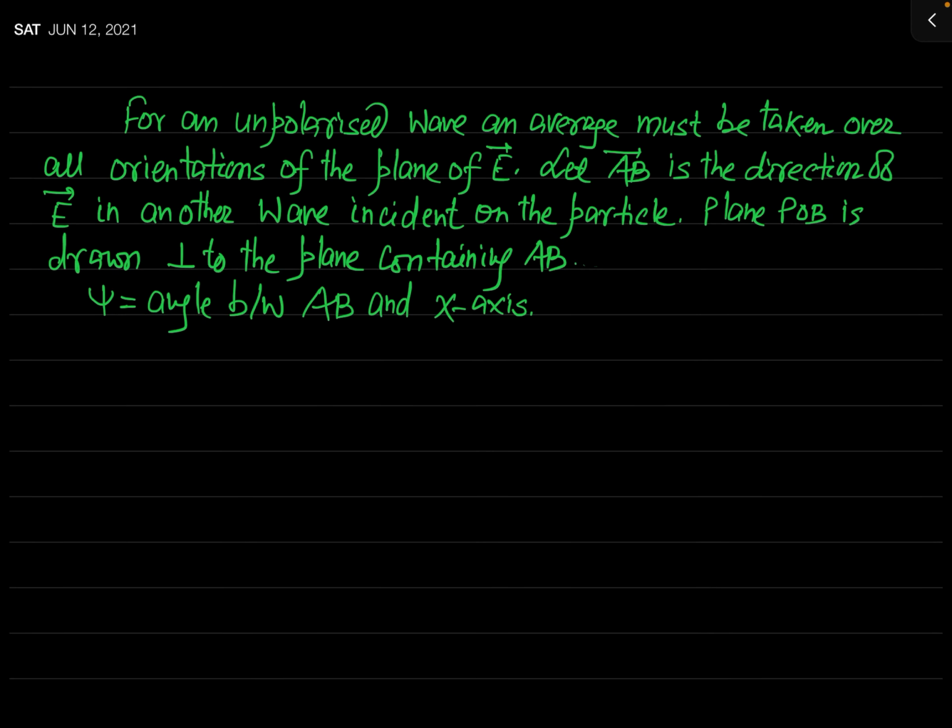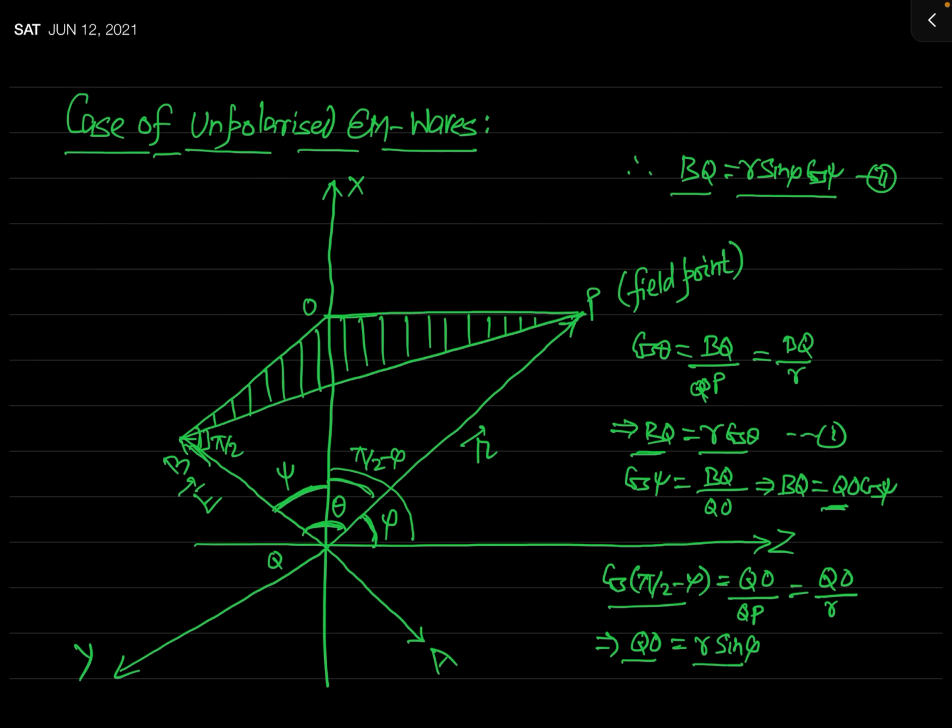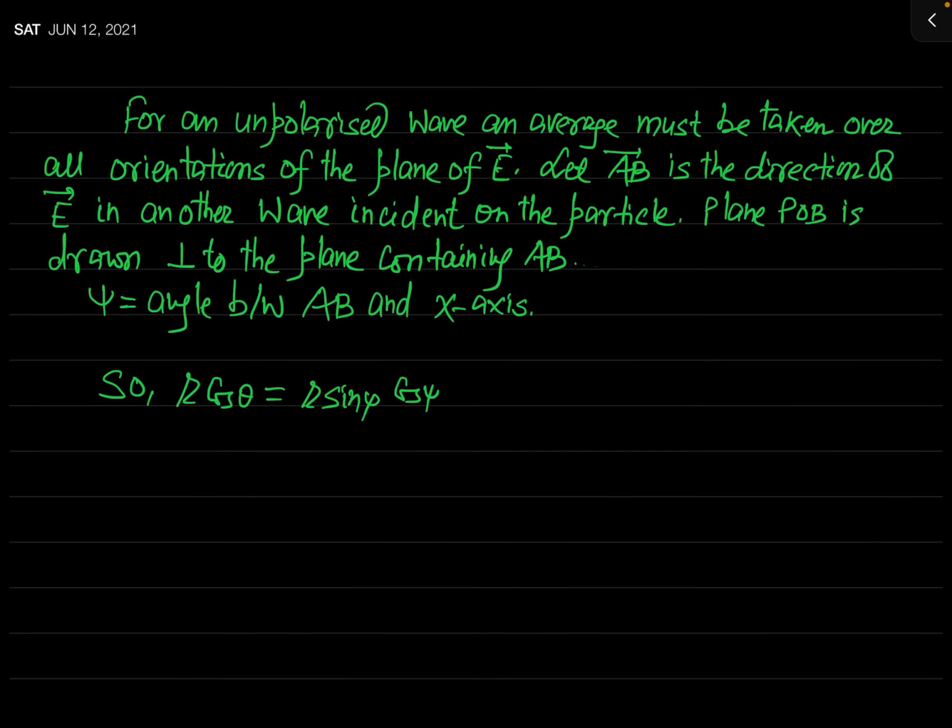So from the above calculation we can say that r cos theta is equal to what? R sin phi times cos psi. You can see this is your r cos theta, which is equal to BQ, and this is r sin phi cos psi, which is also equal to BQ. So we have actually equated these two equations.